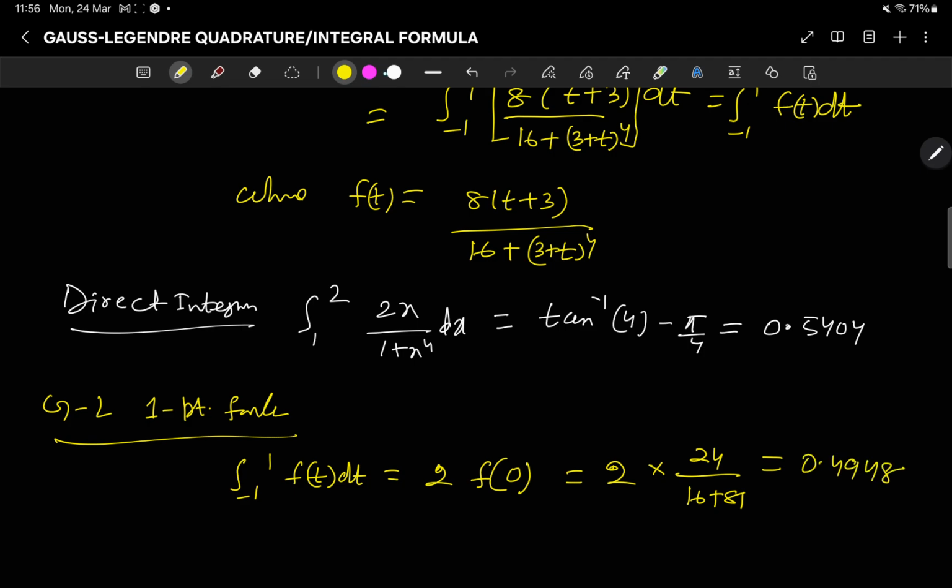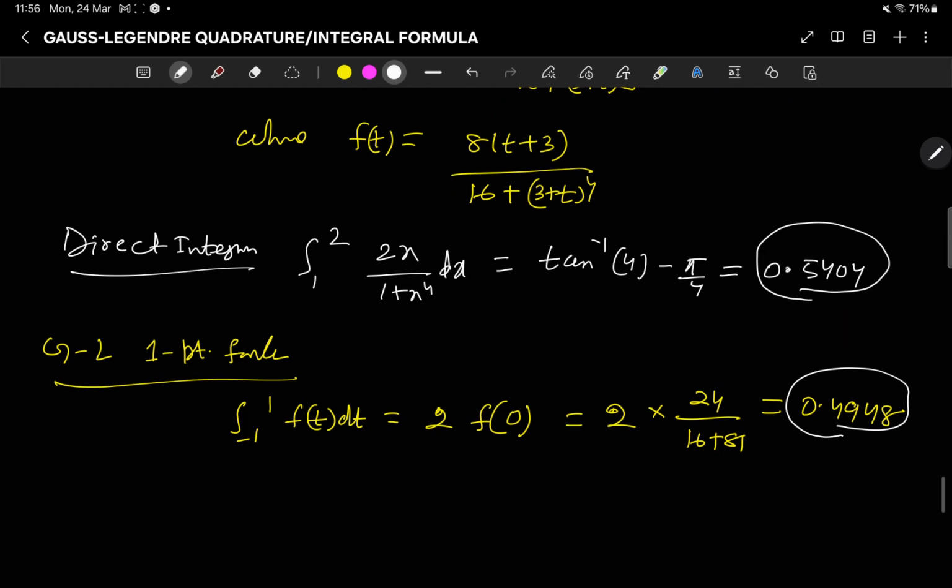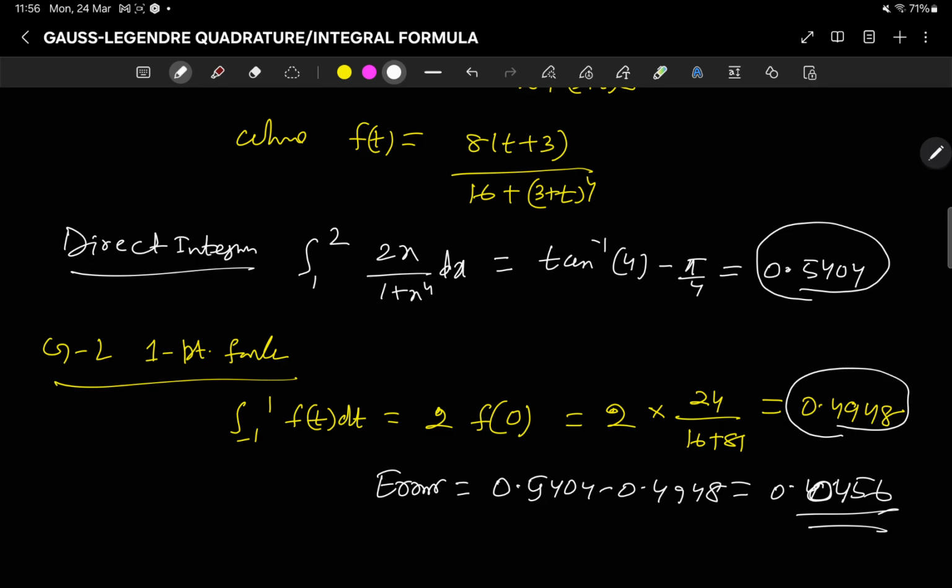If we want to estimate the error at this stage, this is my exact value and this is my approximate value. So subtracting, the error at this stage is 0.5404 minus 0.4948, which is 0.0456. The error is higher.